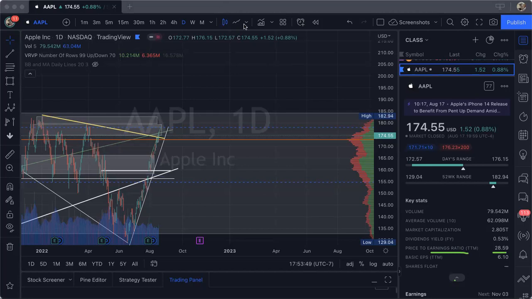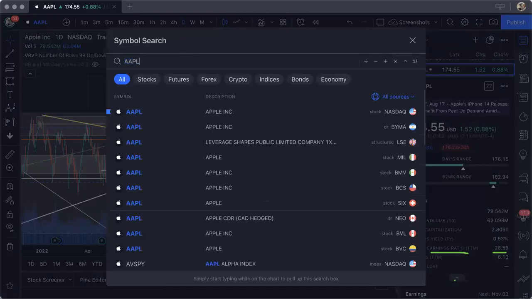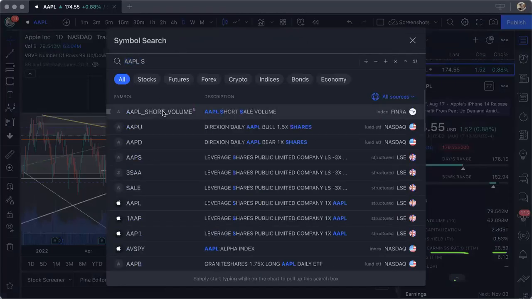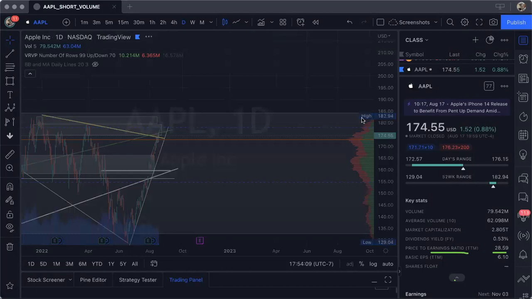So I'll fill that in for us. Okay, and here's how we can also find our short interest. You can go Apple and then just put an S, and the short volume will be shown by FINRA.